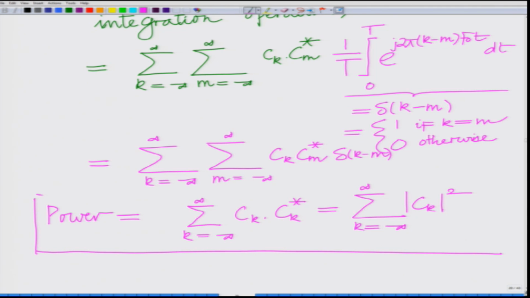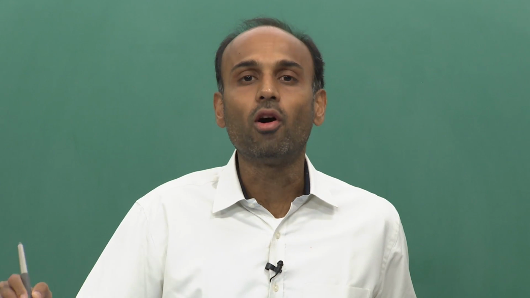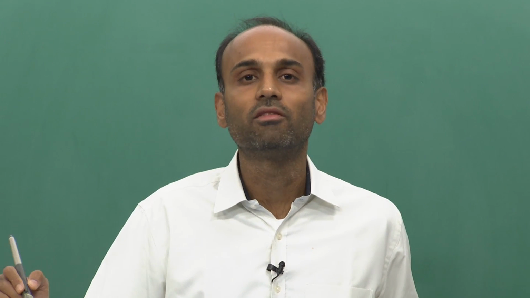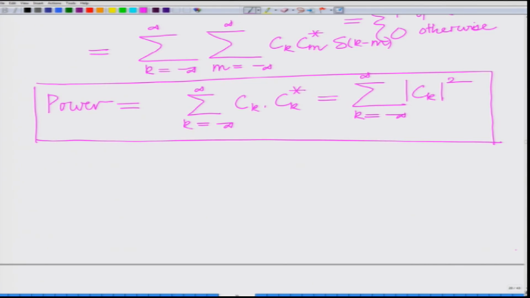And what you can see is you have a very nice expression for the power of the periodic signal in terms of the Fourier series coefficients. The power of the periodic signal is nothing but the sum of the squared magnitudes of all the Fourier series coefficients from minus infinity to infinity. This is a very elegant expression.